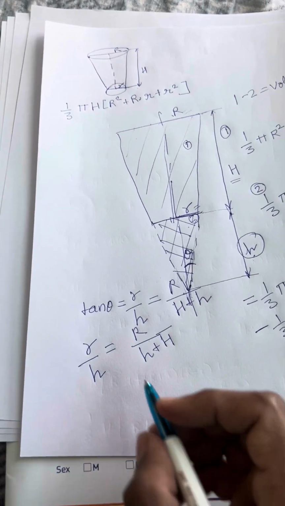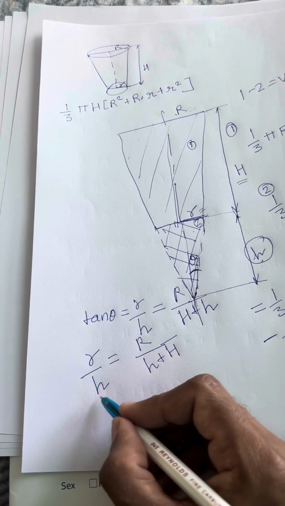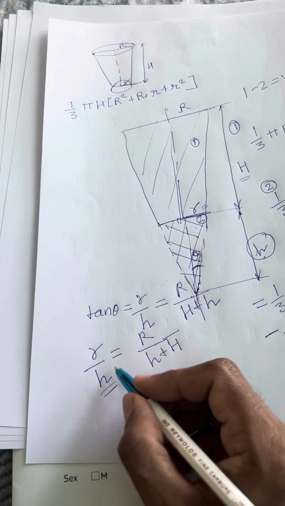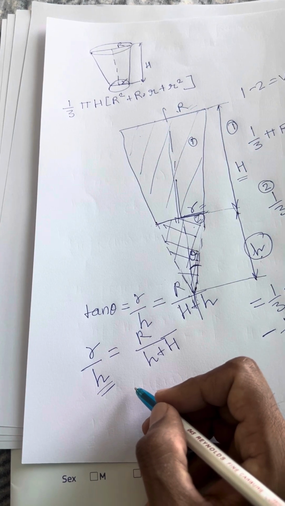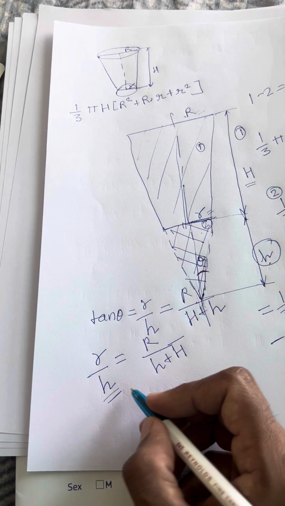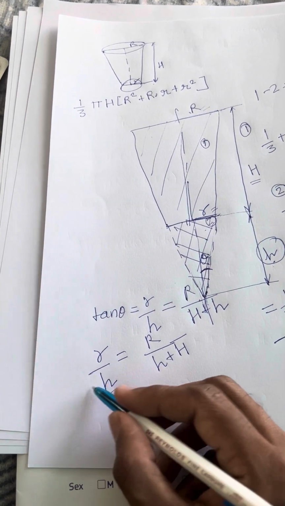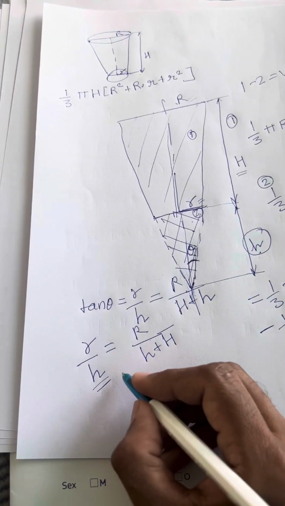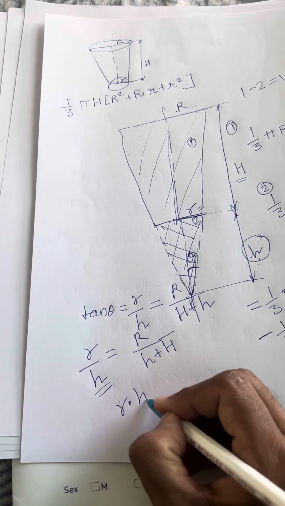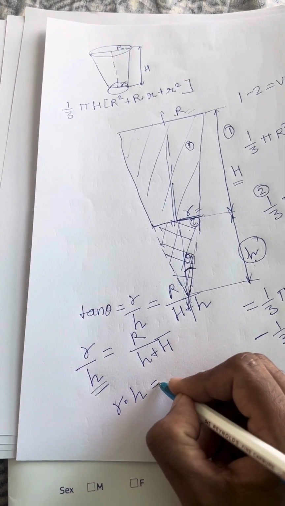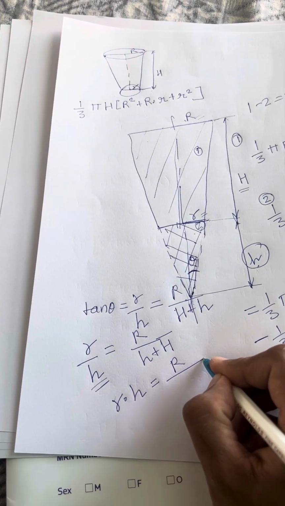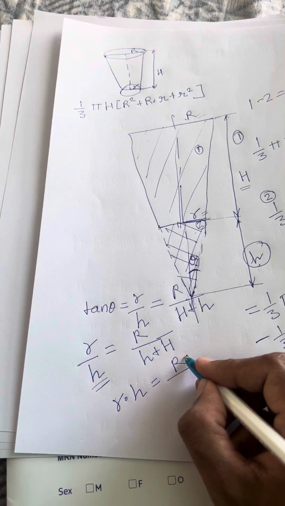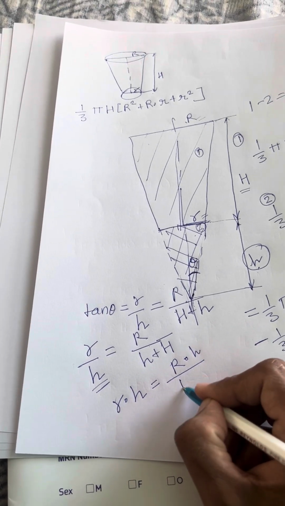I want to find out h. I want to define h with respect to all the other variables. What do I do? I simply multiply both the sides by h. I get r into H, which is equal to R h.